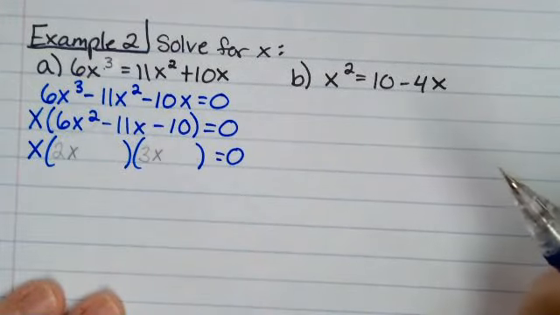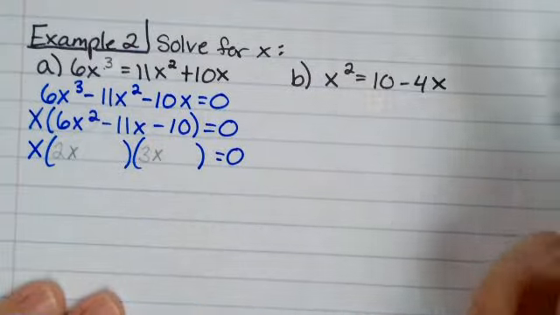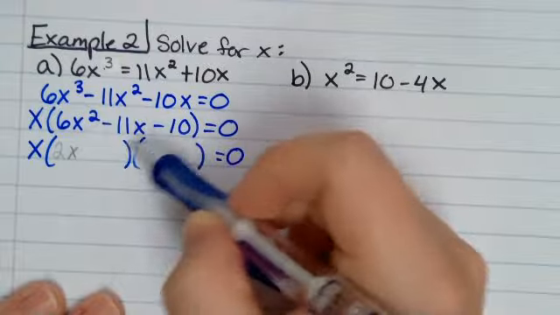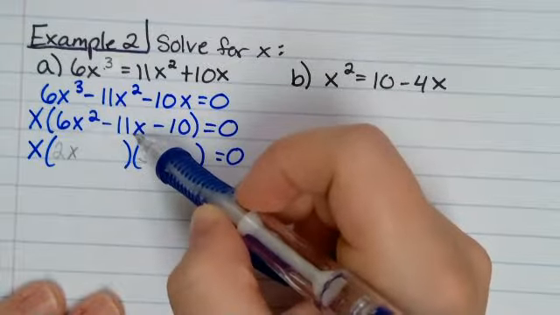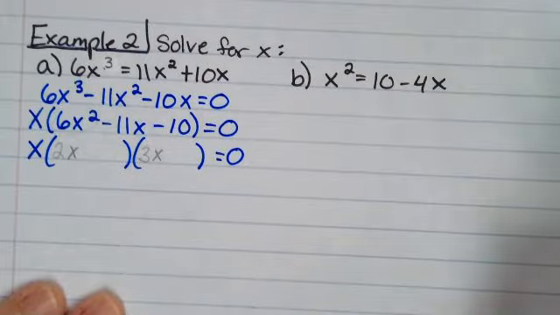And I want to discourage that thought because the first number here is a 6 and not a 1. So that makes the factoring a whole lot harder. You are not simply finding things that multiply to negative 10 and add to negative 11 because this 6 messes that up. So you can't just do it that way.